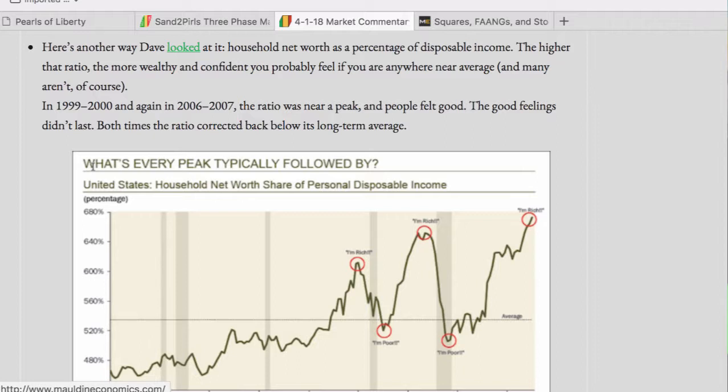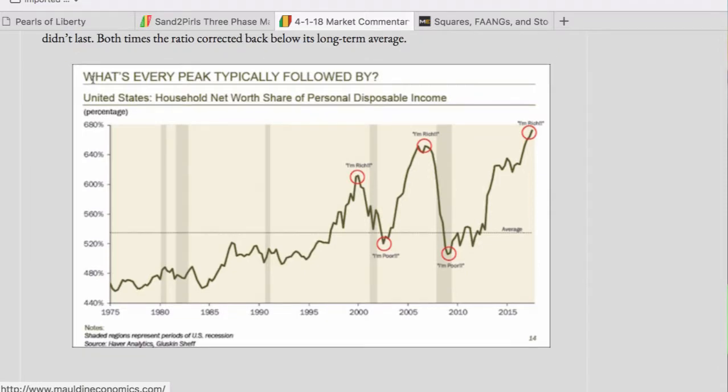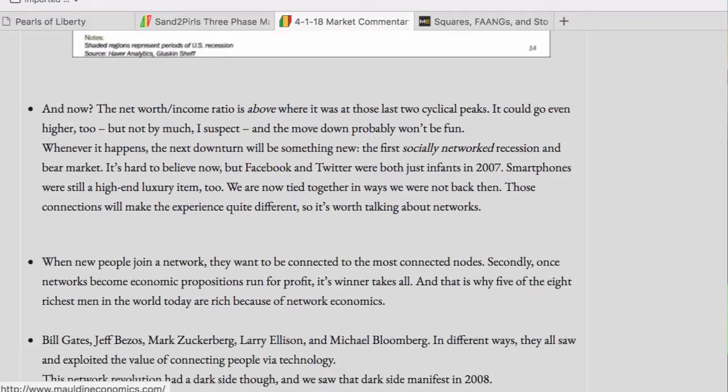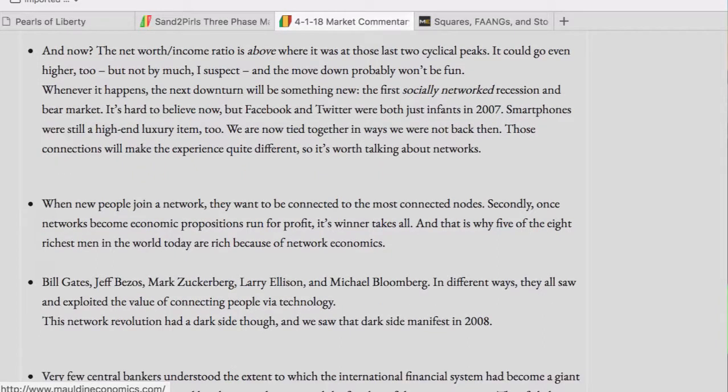The good feelings didn't last. Both times the ratio corrected back below its long-term average. And now, the net worth to income ratio is above where it was at those last 2 cyclical peaks. It could go even higher too, but not by much, I suspect, and the move down probably won't be fun.